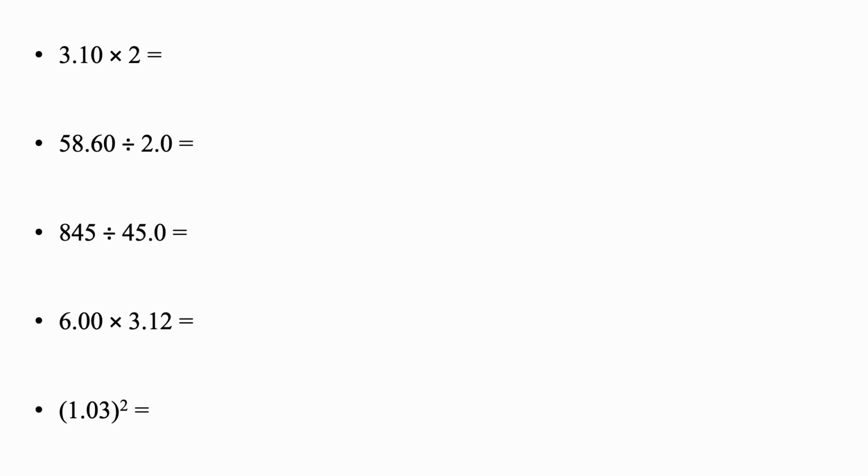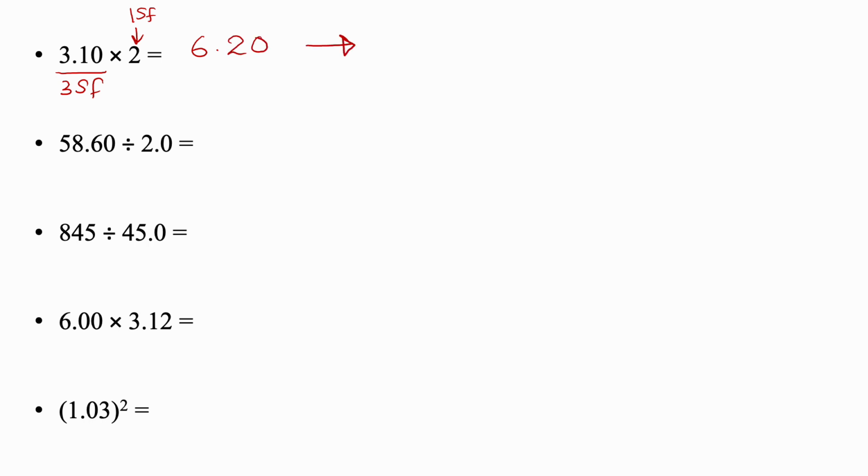3.10 multiplied by 2. So 3.10 has 3 significant figures and number 2 has only 1 significant figure. When you do multiplication, you carry the least number of significant figures to your final answer. Therefore, when you do the math here, you get 6.20.